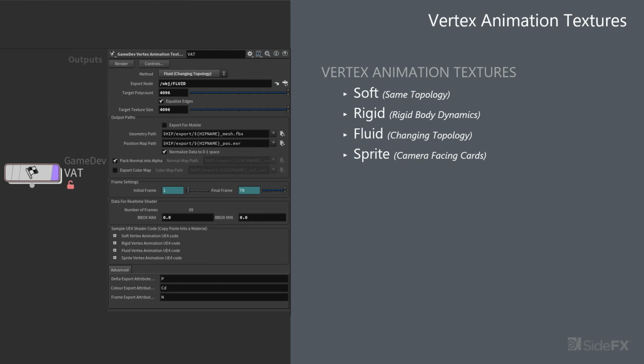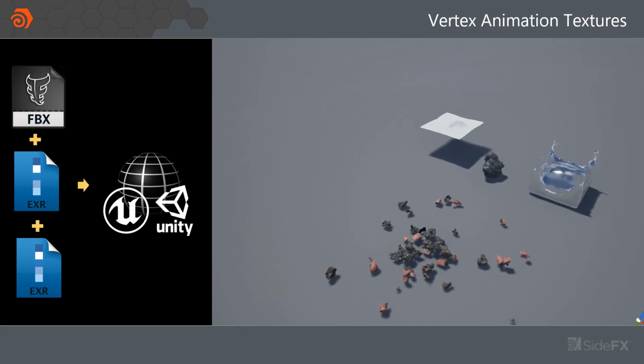What we need to do is, once again, specify which node we want to export. So what is the animation we want to export? We play with some texture size to allow the user to specify what size texture he wants. We allow you to export the geometry and an EXR file. You specify what the frame range is you want to export and which attributes to use to export it with.